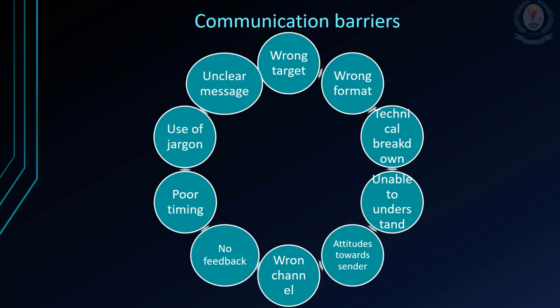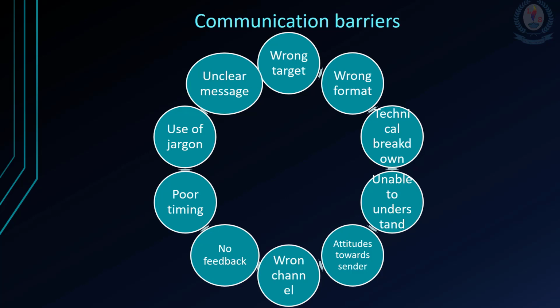So we will see what kind of communication barriers we can experience: wrong target, wrong format, technical breakdown, unable to understand, attitudes towards sender, wrong channel, no feedback, poor timing, use of jargon, and unclear messages. These all can affect communication and cause communication barriers, right?